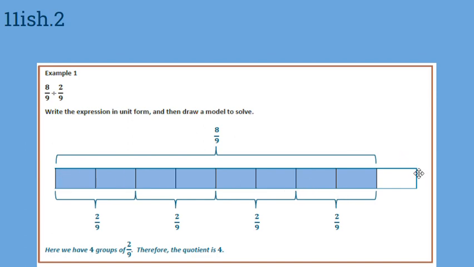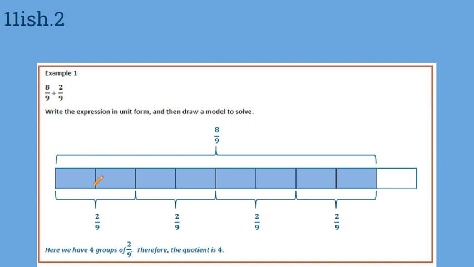Well, this entire tape diagram would be one whole. 8 ninths would be 8 of those. And then if we're looking at taking those and making them into groups of 2 ninths, well, we already had ninths.